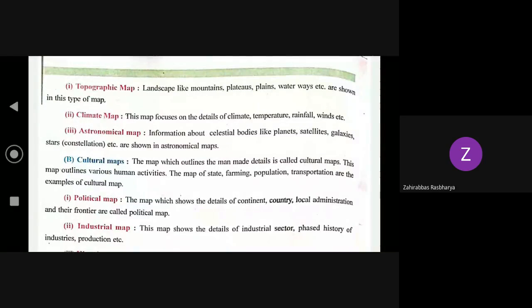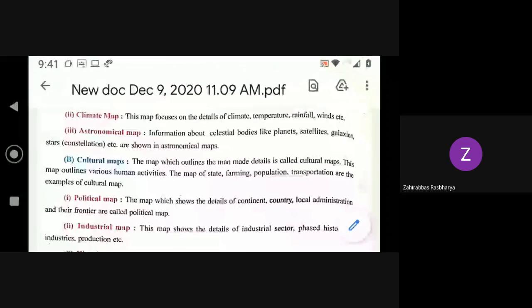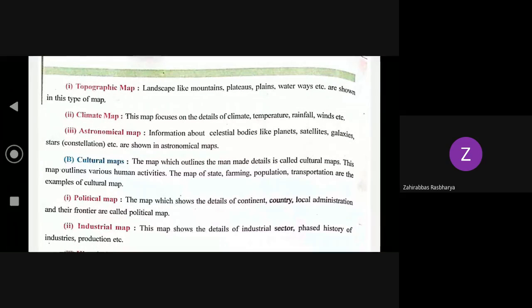Then what is the climate map? What does it show? हाँ बेटा, क्लाइमेट मैप क्या शो करता है हमें? Temperature, rainfall, winds, एक्सेट्रा की डिटेल्स देते हैं.